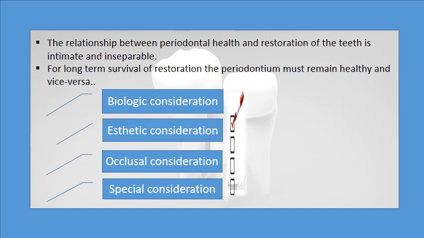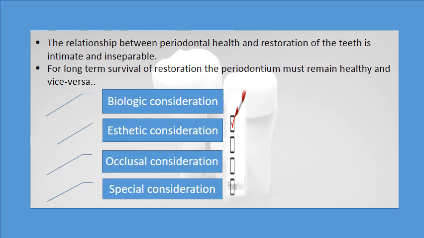The relationship between periodontal health and restoration of teeth is intimate and inseparable, which means that periodontal health is a prerequisite for successful restoration, because for a restoration to survive, the periodontium must be healthy so that the teeth are maintained properly in the dental arch.